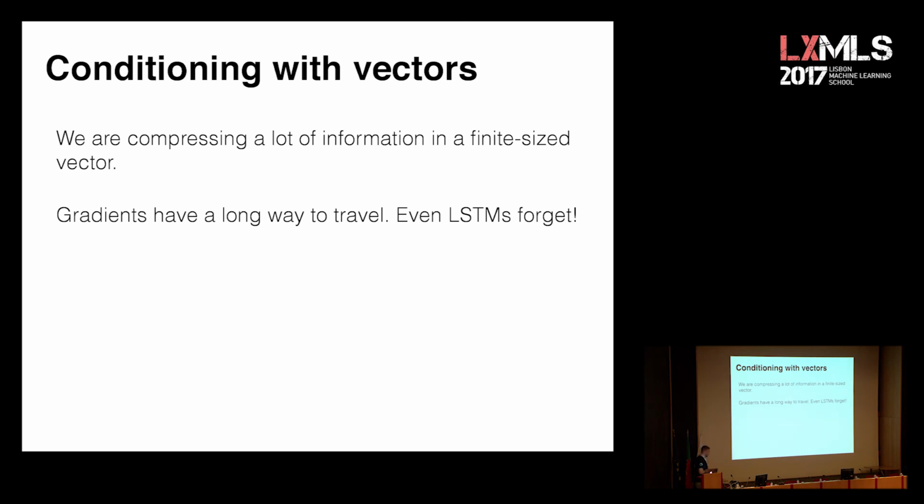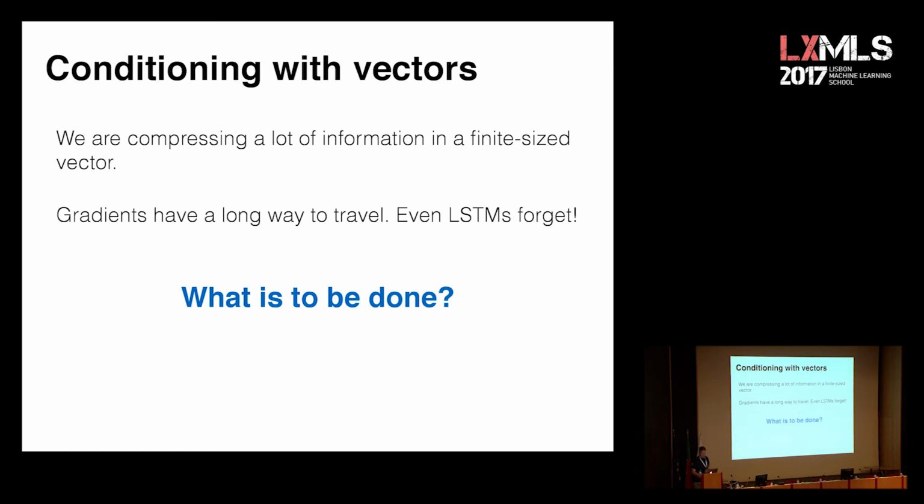Even if you were to say, Ray, you can make vectors really big, and you can cram all of that into a vector, the problem is then still that gradients have a long way to travel. Even LSTMs forget. And you have to do these silly tricks like reversing the order of the input sequences and all sorts of strange stuff. And even LSTMs do forget.